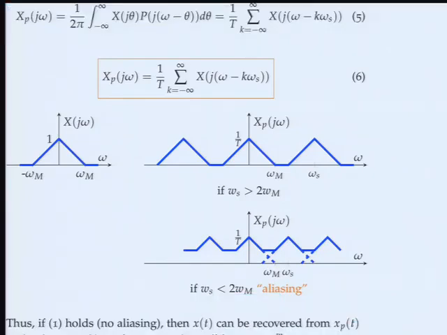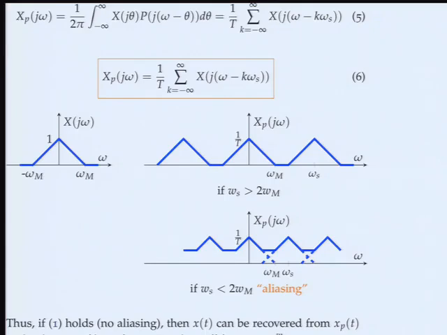But if that's not the case, if we did not sample fast enough, then those triangles start overlapping. Okay? So because they overlap, we look at their sum, and if they were indeed triangles, then the lower end of one hits the lower end of the other, so when you add them up, you get a flat area, right? Anyhow, what's important is that the sum no longer looks like the original X.